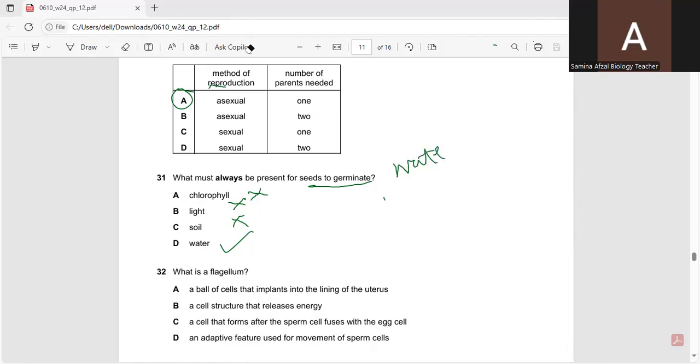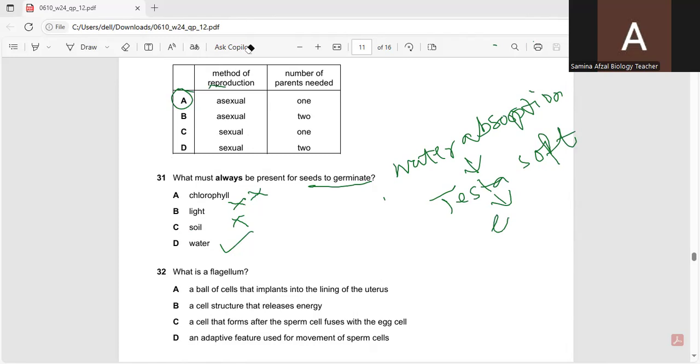Let me write: water absorption, testa soft, enzyme activation, and germination starts.